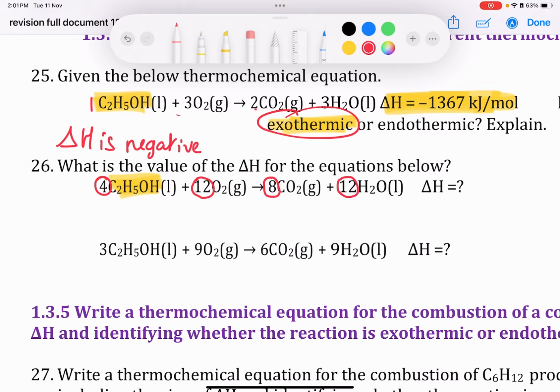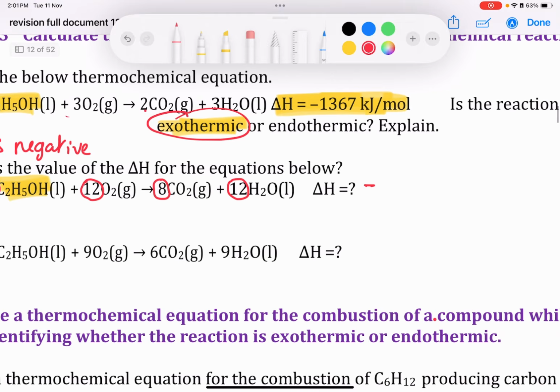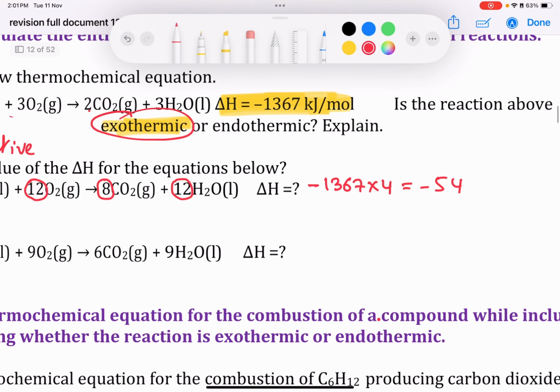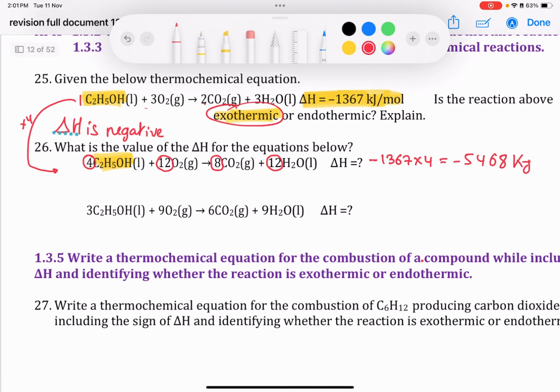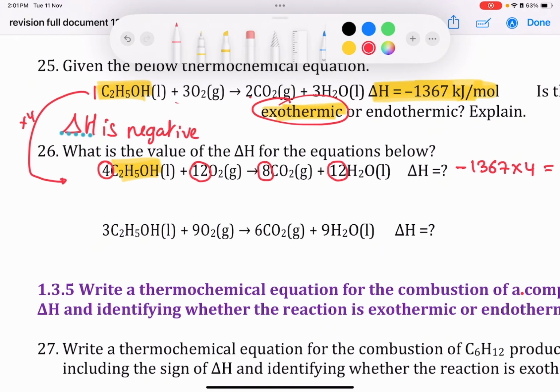So what we actually did, we just multiplied this equation by 4 to get this one. So the delta H is going to be simply this value times 4, which is equal to negative 5,468 kilojoules. Now, again, let's compare it one more time.